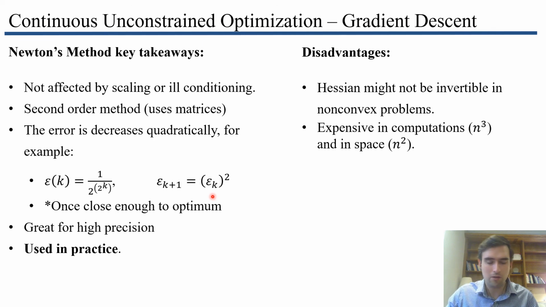Let's say your error is e to the minus 3. Then at the next iteration, your error will be e to the minus 6. Remember that gradient descent was the opposite: when you were getting very close to the optimum, you started to make very, very slow progress. So this means that Newton's method is very good for high precision, and it's also used in practice.